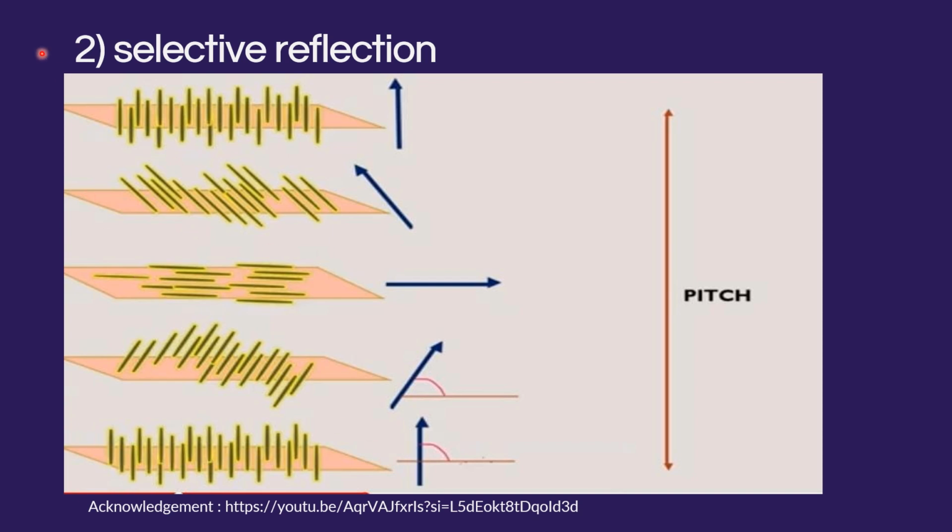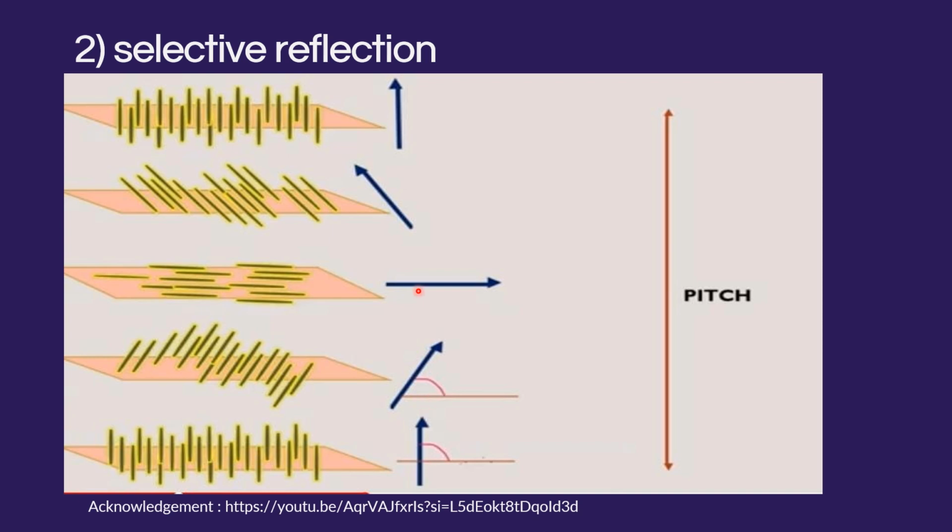Moving on to the concept of pitch. Pitch is basically the distance traveled by the director in order to achieve the same direction of the director. As you observe here, the plane at the bottom has a director direction perpendicular to the plane. Similarly, we observe the same orientation of the director after three particular planes. As you see, this plane and this plane have a director which is perpendicular to the corresponding plane.